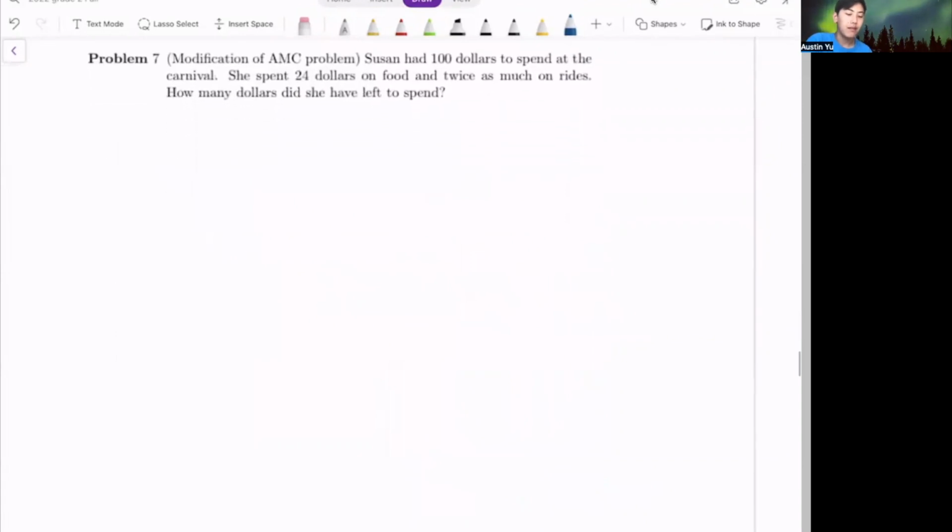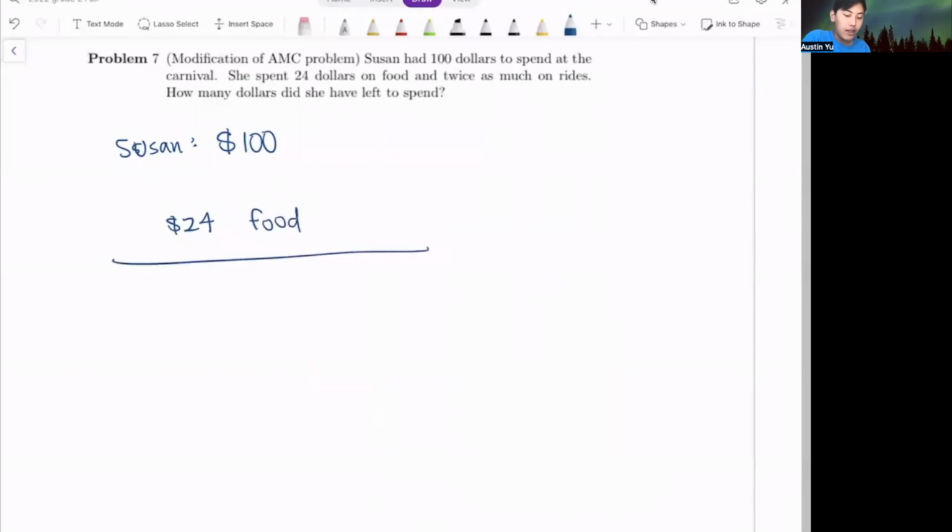Moving on to problem 7. Suzanne had $100 to spend at the carnival. She spent $24 on food and twice as much on rides. How many dollars did Suzanne have left to spend? She starts off with $100, and she spent $24 on food. And then she spent twice as much on rides, so 24 times 2 equals $48 on rides.